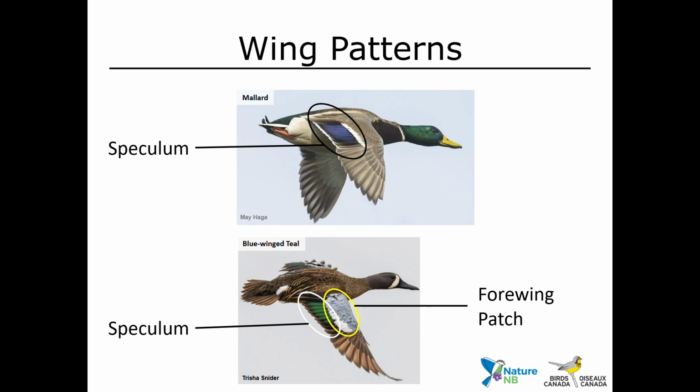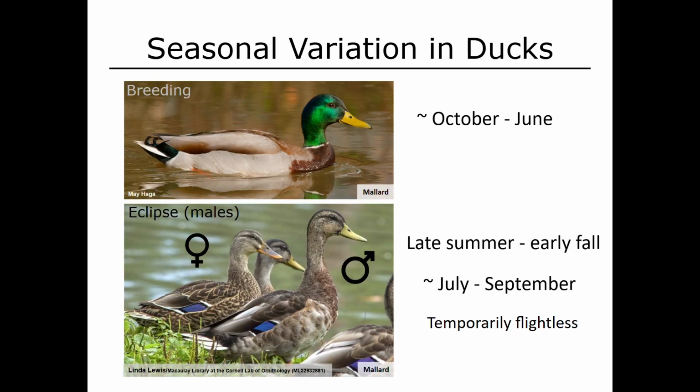And this speculum is different colors in different species. So, for example, the mallard has a blue speculum, and the blue-winged teal has a more greenish speculum, but also that blue-winged teal has an additional forewing patch, which the mallard does not have. So different species have different combinations of color patterns on the wings.